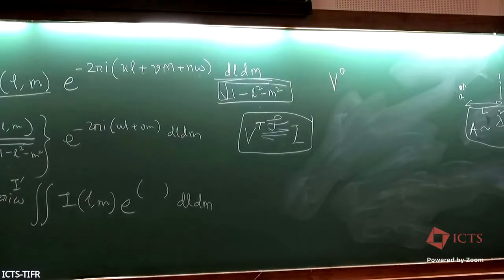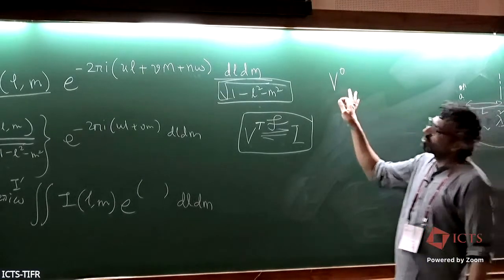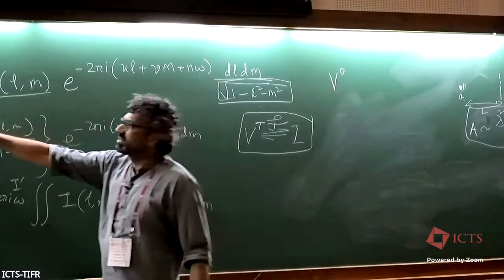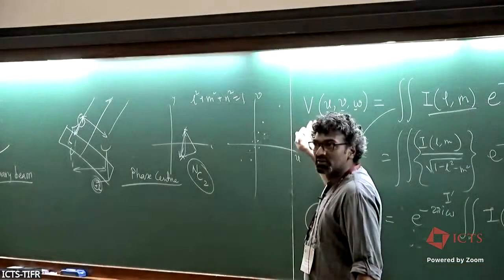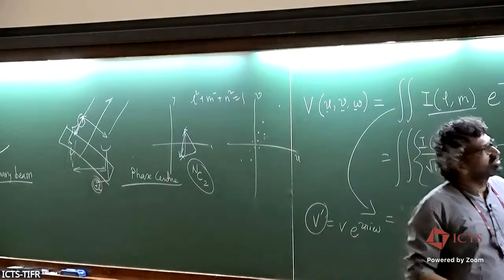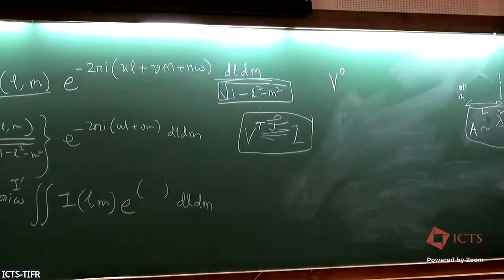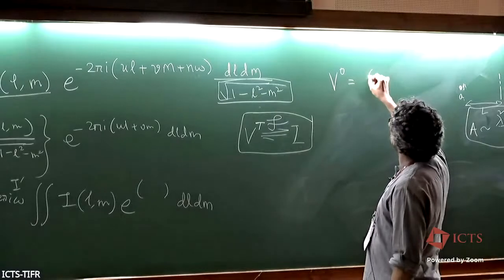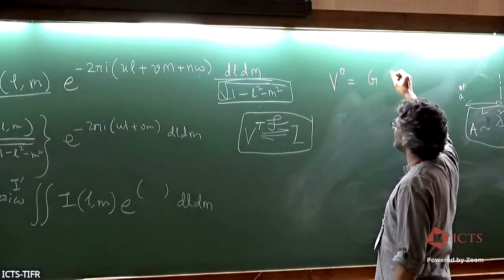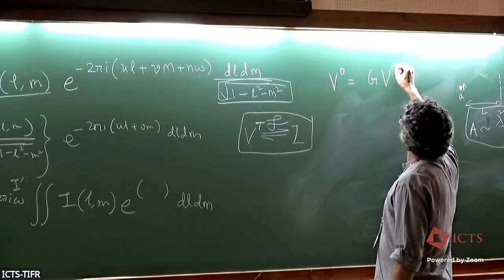What does the instrument do to visibility? The thing to keep in mind is that visibilities are complex numbers, being pushed through an electronic system which has complex gains. So what you get here is basically some complex gain modifying your true visibilities.